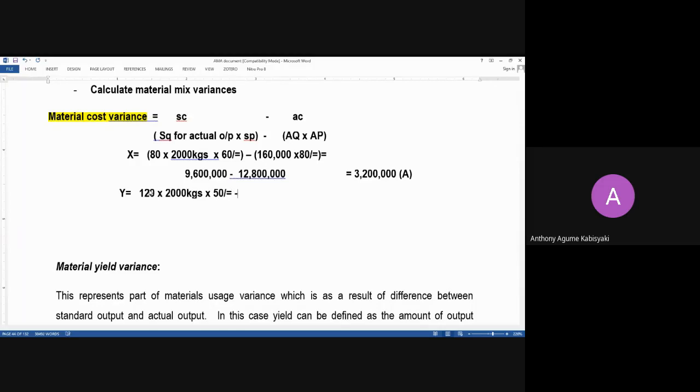Then minus the actual quantity, 180 times 65.